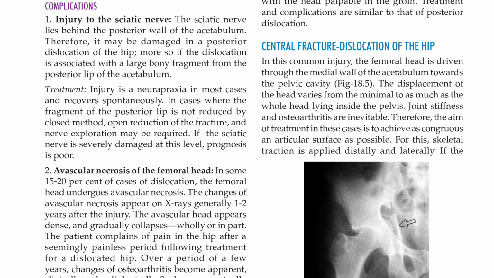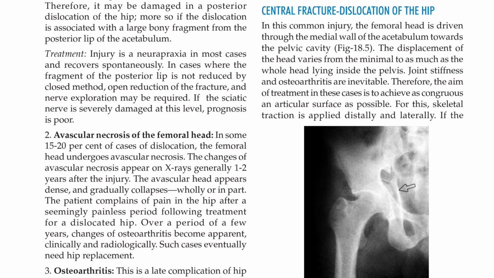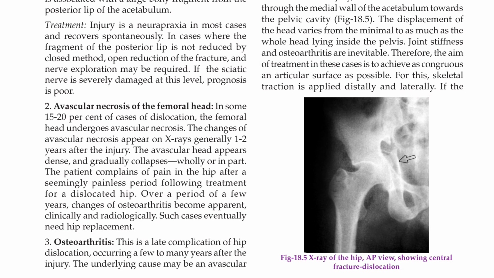So joint stiffness and osteoarthritis are inevitable. Therefore, the aim of treatment in these cases is to achieve as congruous an articular surface as possible. For this, skeletal traction is applied distally and laterally.